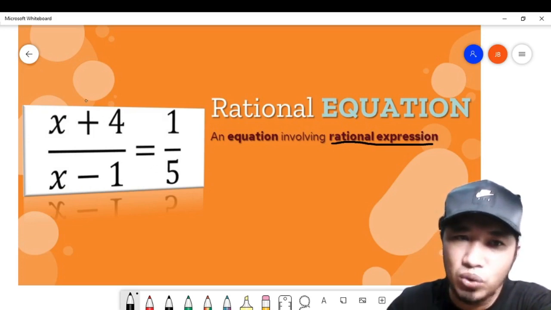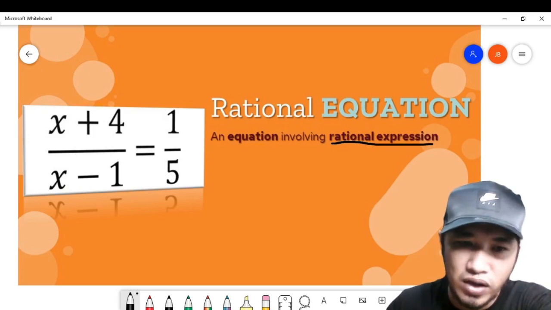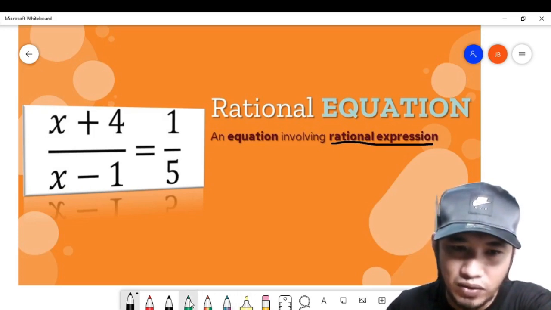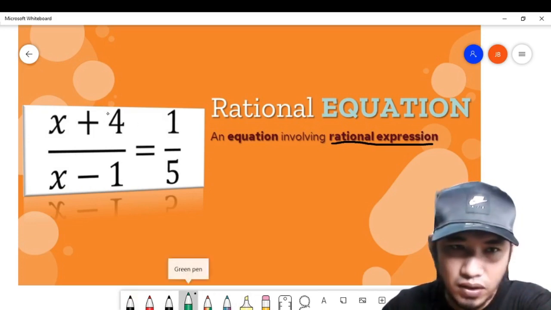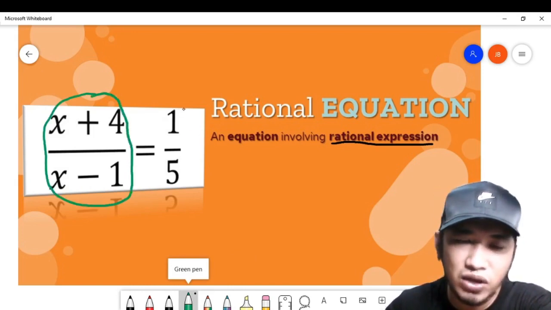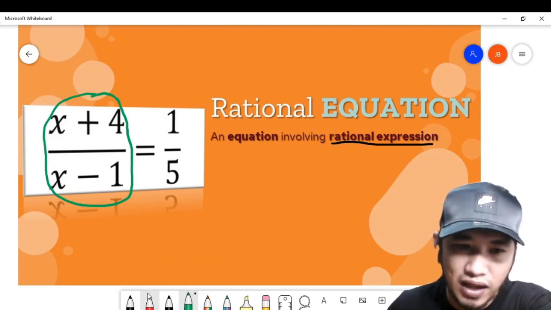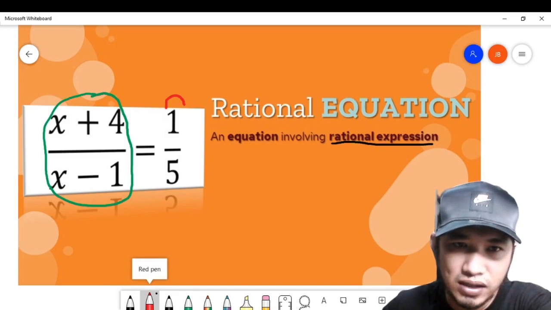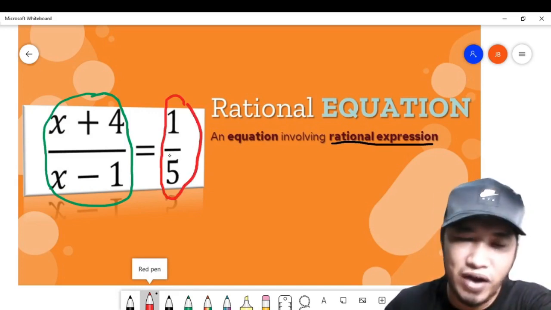We have two expressions. Let's take one expression as a whole, the left side of our equation. And then the second is 1 all over 5. So, we have two expressions.